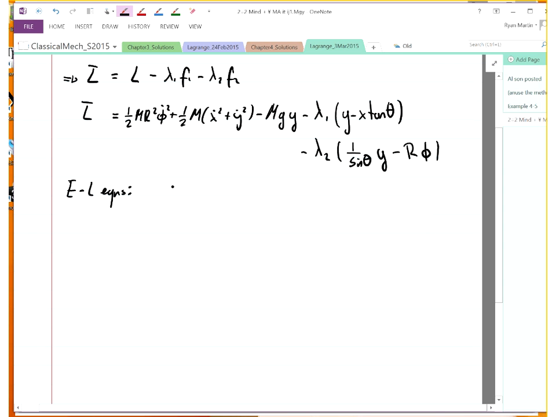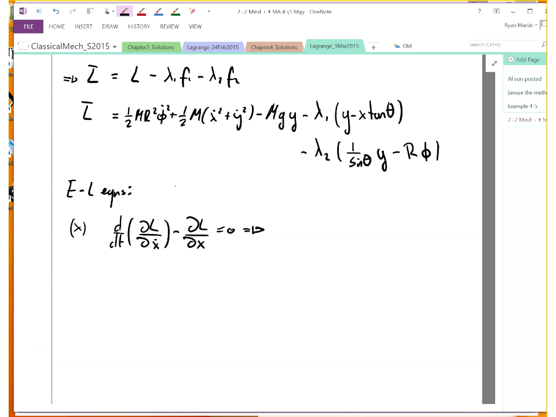So now we apply the Euler-Lagrange equation. The first one is going to be for x. We have d by dt of partial L by partial x dot minus partial L by partial x equals 0.